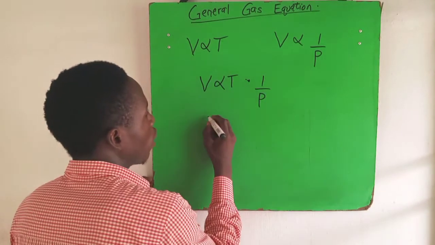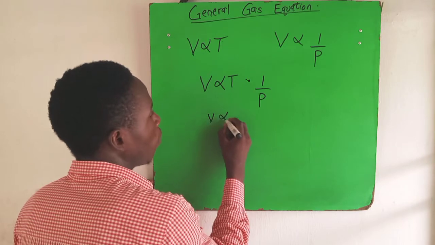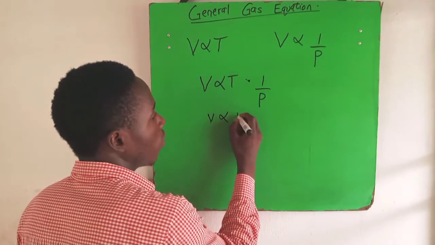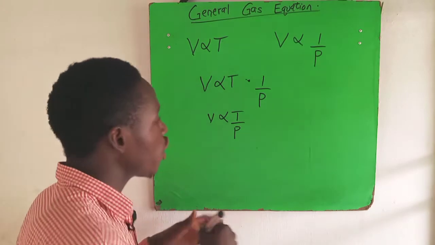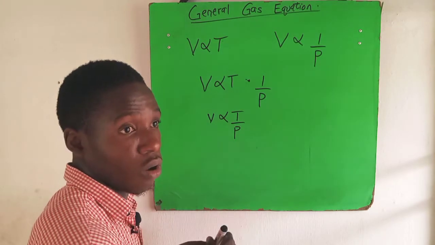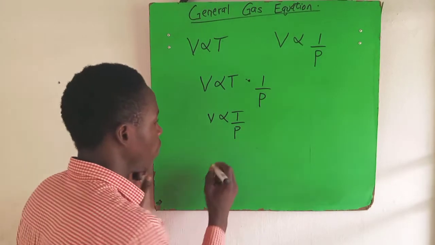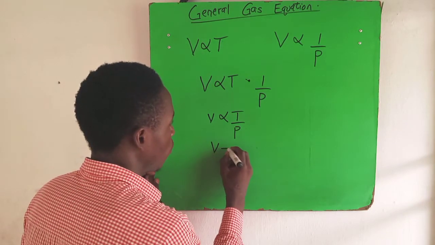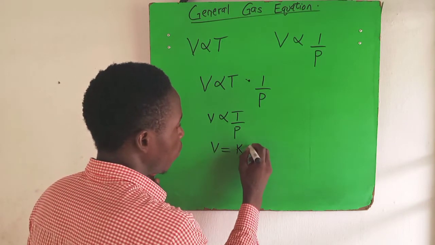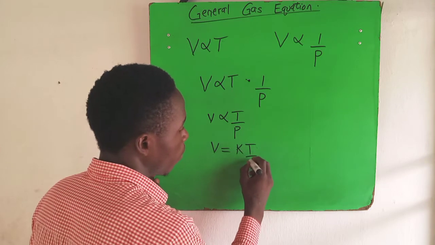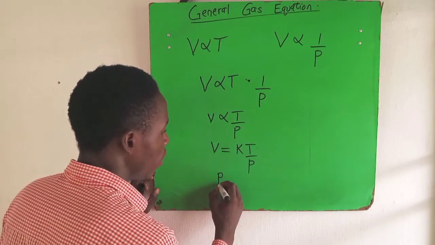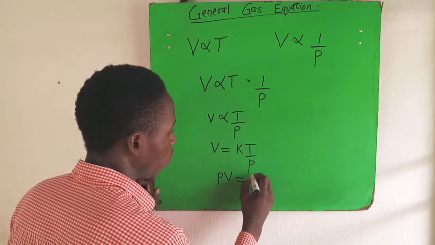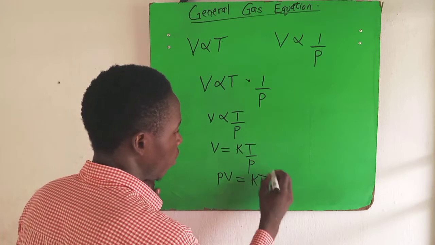So this means that I should have V proportional to T times 1 over P, which gives T over P. Now to remove the proportionality sign, we introduce a constant, right? V is equal to a constant K multiplying T over P. Now when we cross multiply, we have PV equal to KT.